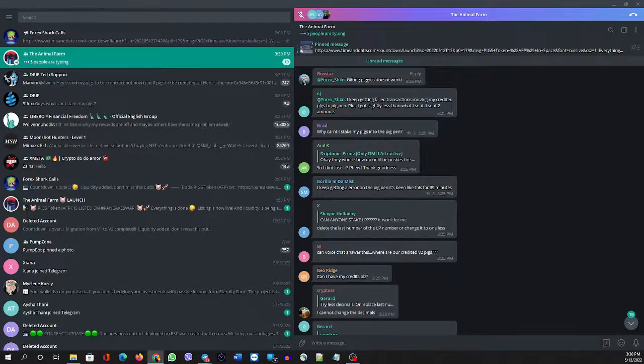We're going to update the gas limit and take off that last decimal, just very small changes to clear up issues for people having the gas being too low.